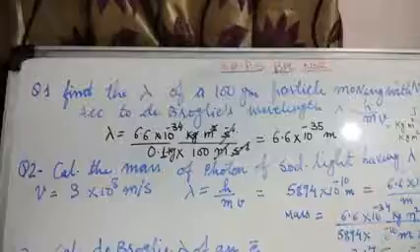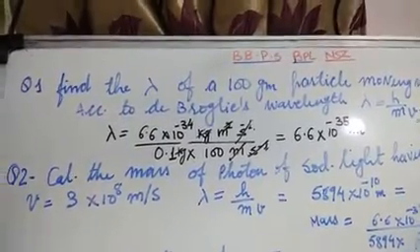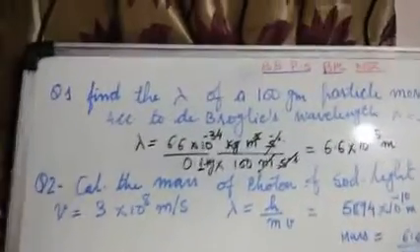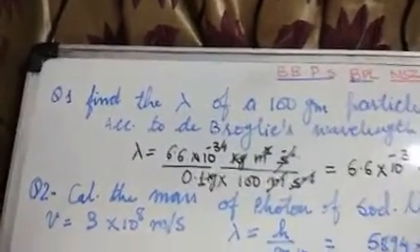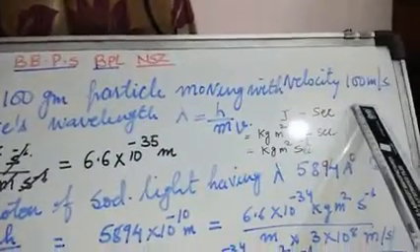So we are starting numericals based on de Broglie's dual nature, de Broglie's wavelength. Very simple questions. First question: find the wavelength of a 100 gram particle moving with velocity 100 meter per second.